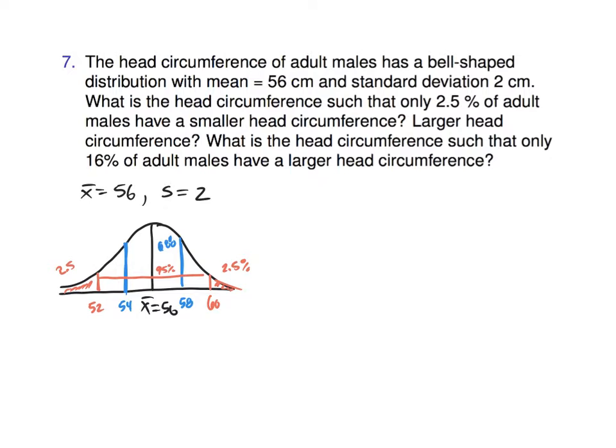So head circumference so that only 2.5% have smaller, with circumference equal what? 52 centimeters. So if you're at 52, if this is your head measurement, you're right here, right? 2.5% below you. Okay. How about the only 2.5% bigger?